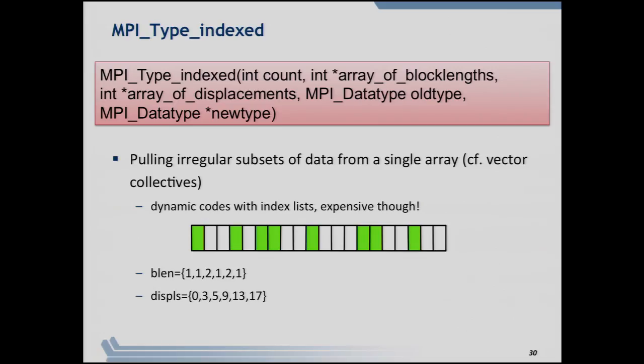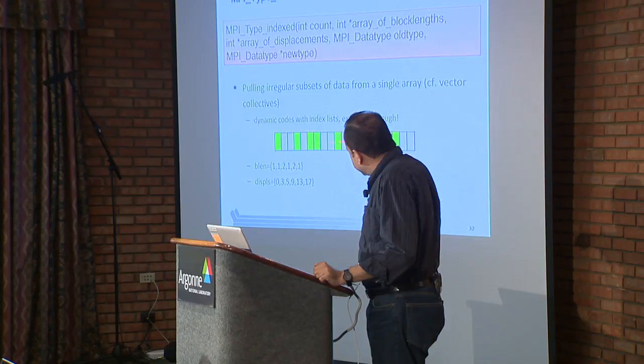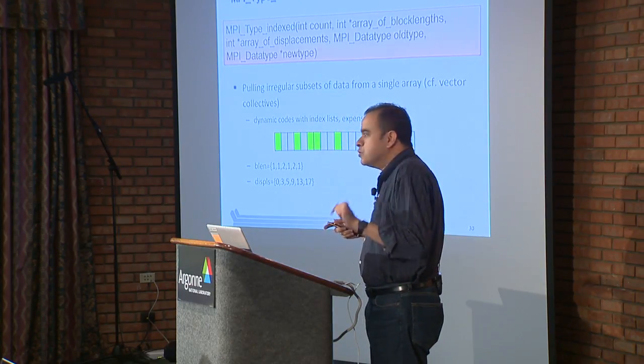So that was indexed. In MPI, this has been there since the MPI 1 days, and from that time, these block lengths always had to be passed as an array of block lengths, assuming that they would be different. So if they were the same, say, suppose all of these were blocks of size 2, you would still need to create an array, fill all of it with 2, and pass that. First of all, it consumes some memory.